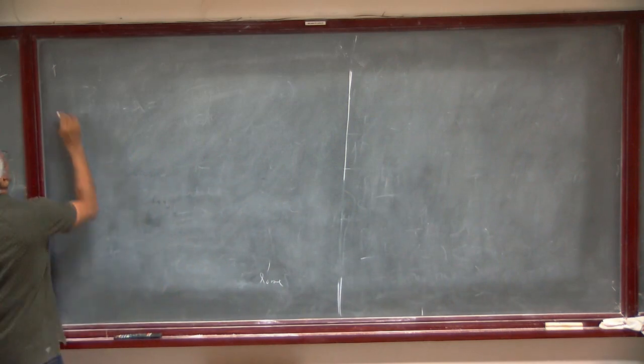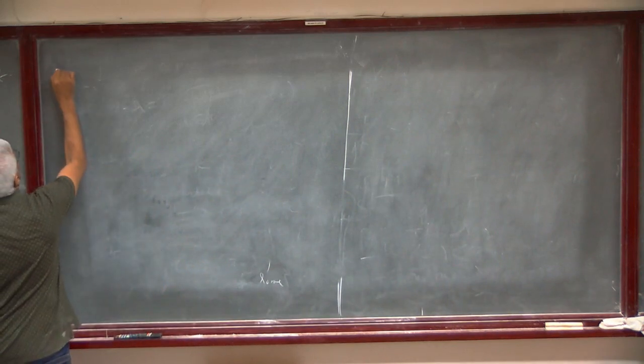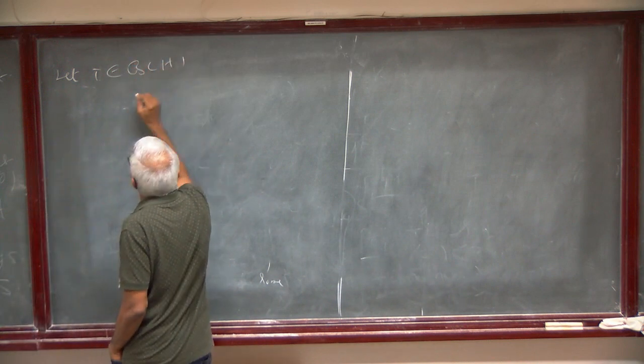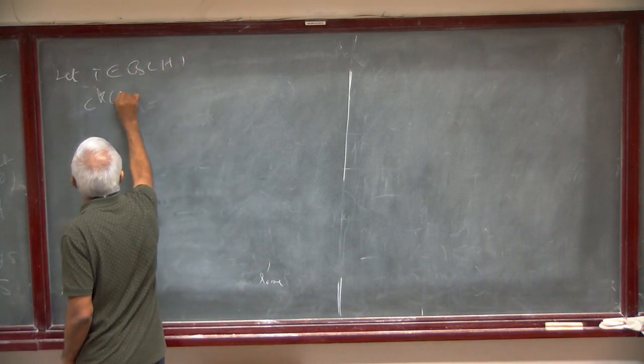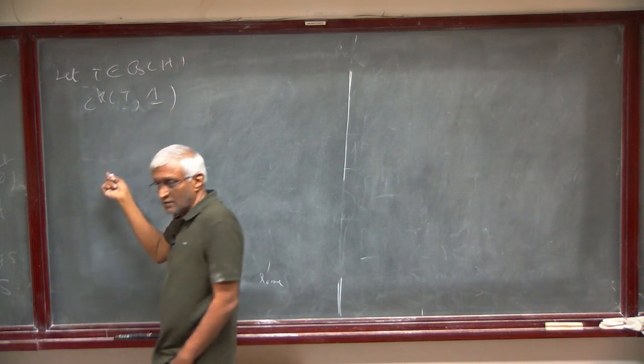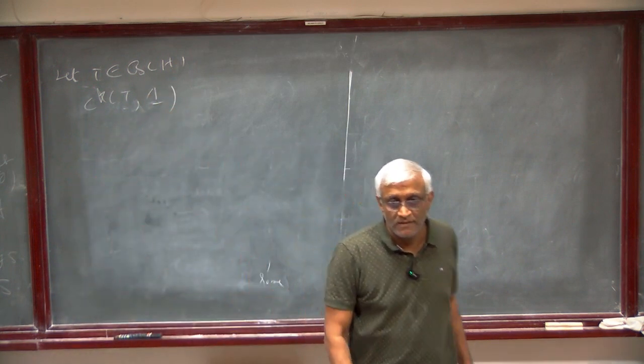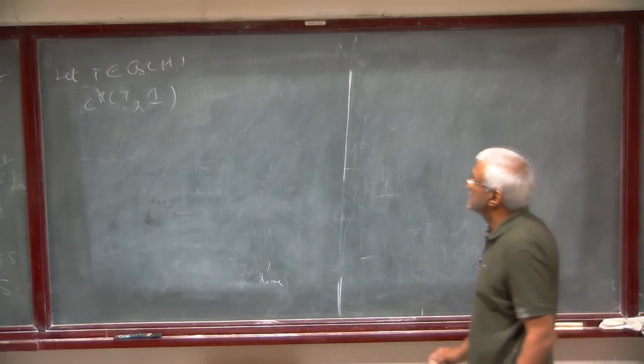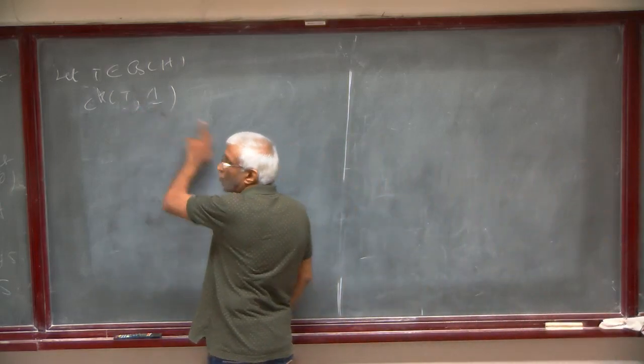So T contained in B of H. Then you can talk about C star T, and let me put one also, because it may not be the case that one is there. So it is the C star algebra generated by T and 1.